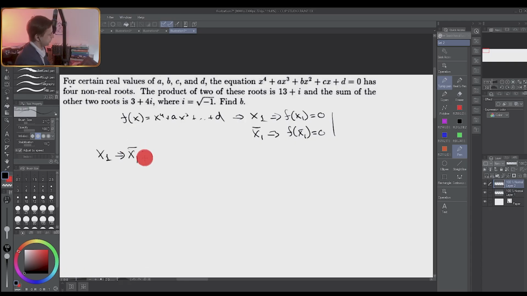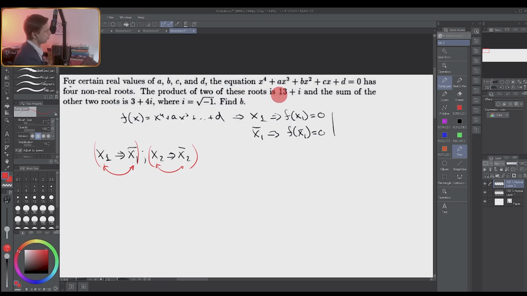For example, some other root is x2, and it means that another root inevitably should look like x2 conjugate, which means for us that these 4 non-real roots must look like this: x1, x1 conjugate, x2, x2 conjugate. So these are pairs of conjugate complex numbers, inevitably, just because of this fact.